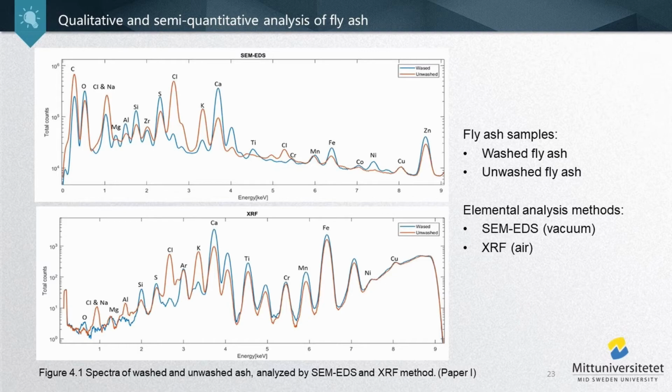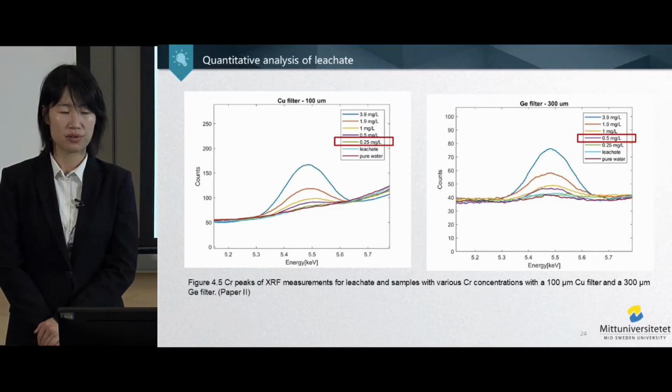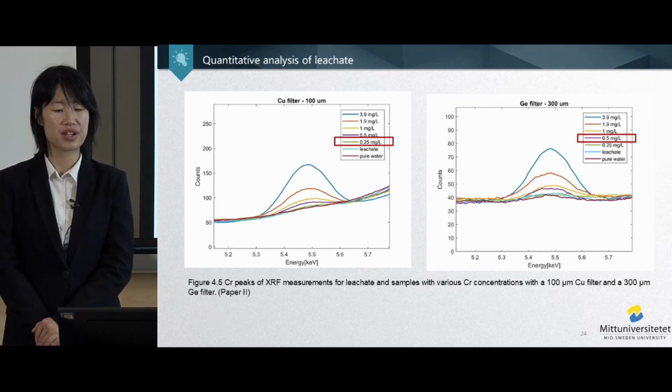We used a 100 micrometer copper filter and a 300 micrometer germanium filter to optimize the chromium measurement in liquid samples. The germanium filter with 300 micrometers is not the optimal choice when concerning the exposure time, but it was a valuable filter, and it gives a saturated SNR. 5 calibration samples from 3.9 milligrams per liter to 0.25 milligrams per liter were measured.